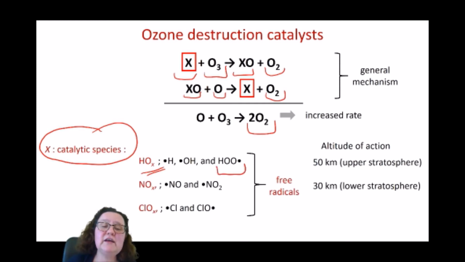You have radicals derived from nitrogen oxides, the nitrogen monoxide radical and the nitrogen dioxide radical, and you also have chlorinated radicals, which come from chlorofluorocarbons, CFCs, that I will cover in a future slide, that produce this chlorine radical and these chlorine oxide radicals. So all these species help the process of destruction of ozone in the ozone layer.